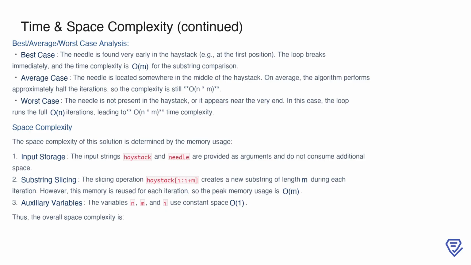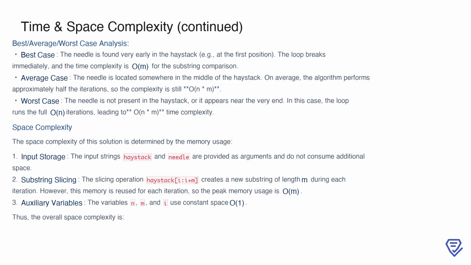On average, this means the algorithm performs around half the total iterations, but the complexity still simplifies to O(n*m), because we're analyzing asymptotic behavior. Finally, in the worst case, the needle is either absent from the haystack entirely or appears near the very end. Here, the loop runs the full n iterations, and each iteration still includes the O(m) substring operation, leading to O(n*m) time complexity overall.